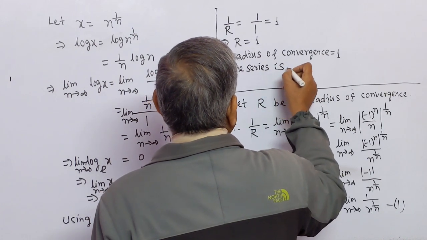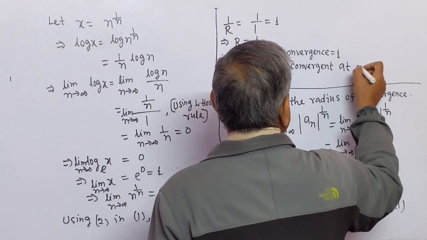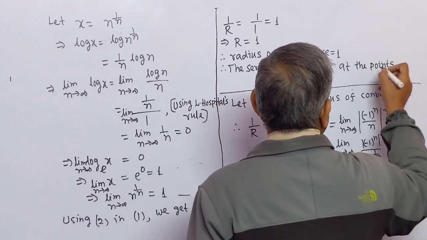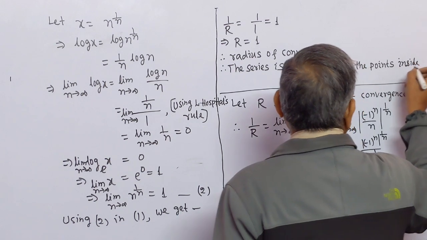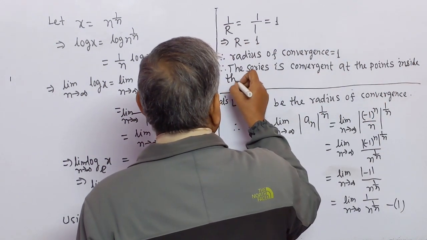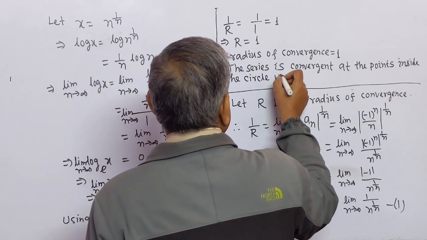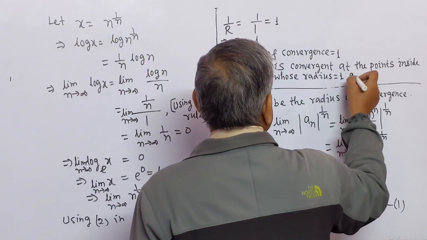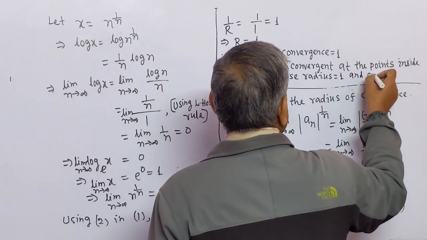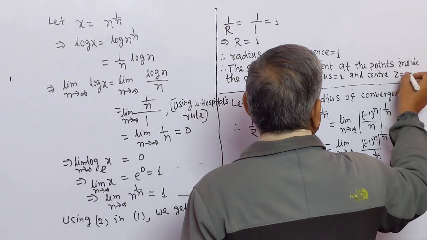Therefore, the series is convergent at the points inside the circle whose radius is 1 and center is the origin z equal to 0.